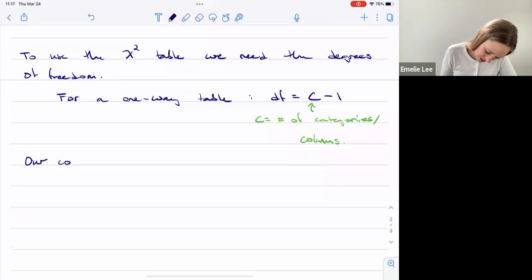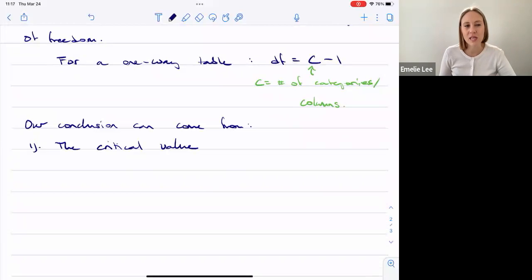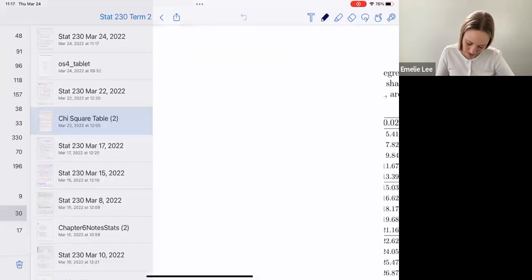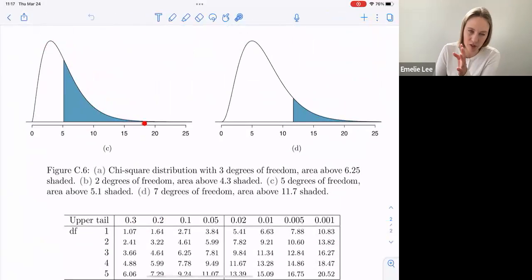Our conclusion can come from, one, the critical value. Given some alpha level and our degrees of freedom, let's go back to the table here. Remember, chi-squared is only on the one side because it's a skewed distribution.